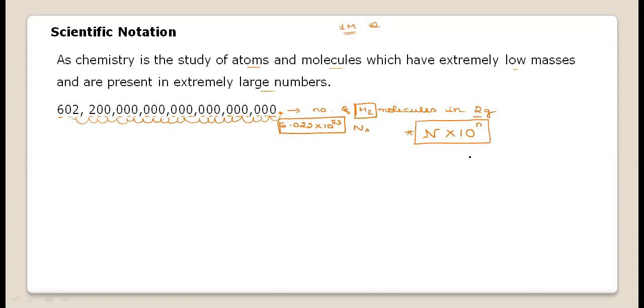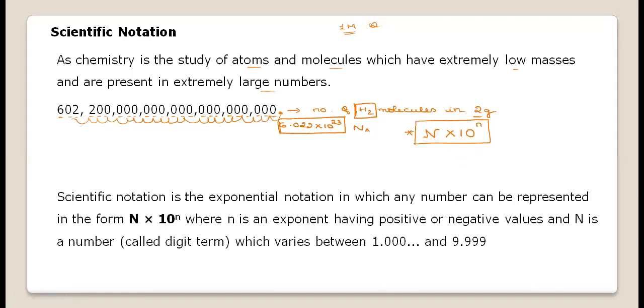So that we'll try to learn in detail now. What is scientific notation? Scientific notation is the exponential notation in which any number can be represented in the form of N into 10 to the power of n, that is in this form. Here the significance of each you need to remember.